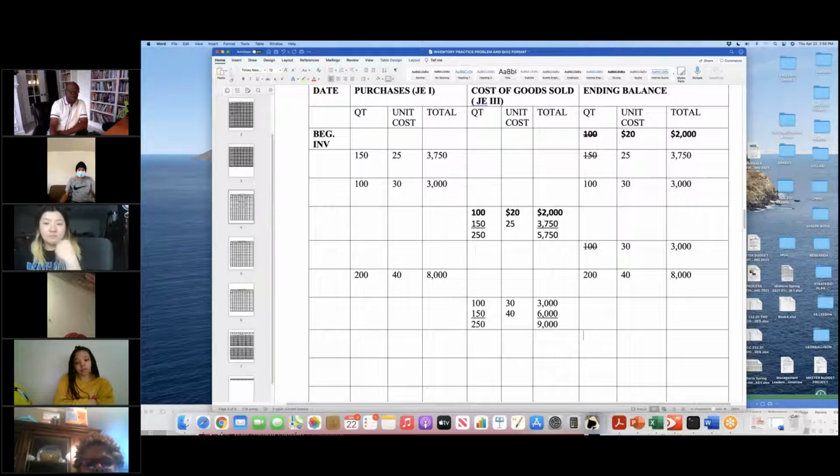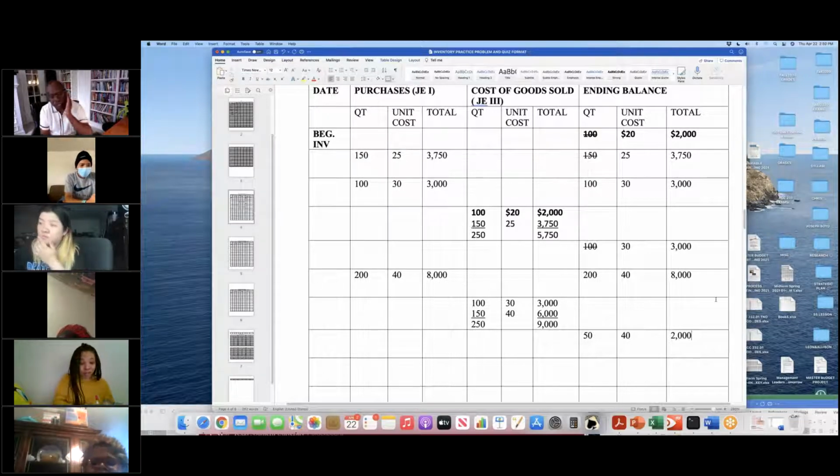And that's going to leave us an inventory of what? Wouldn't it be 50, 40, and 2,000? Mm-hmm. Because that's what's left from the 200?